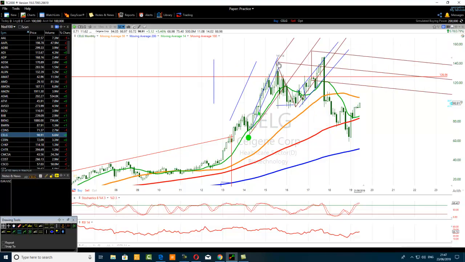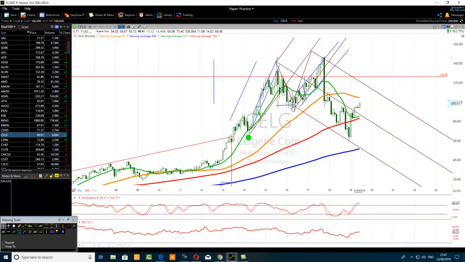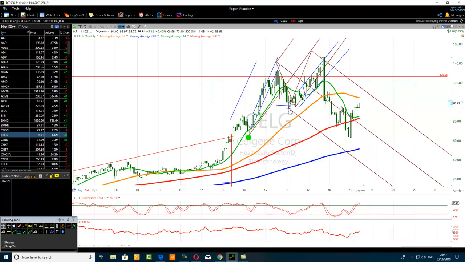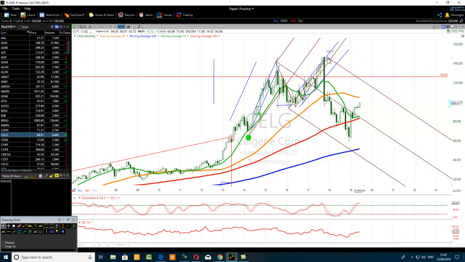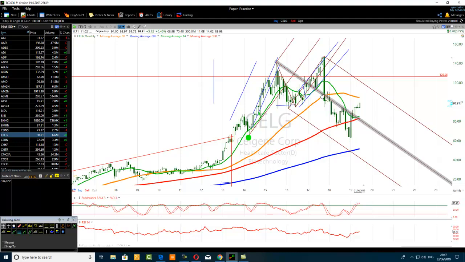So we connect the high of the fifth wave to the low of the A part of the flat correction, and then we connect it also to the high of the B wave of the flat correction.